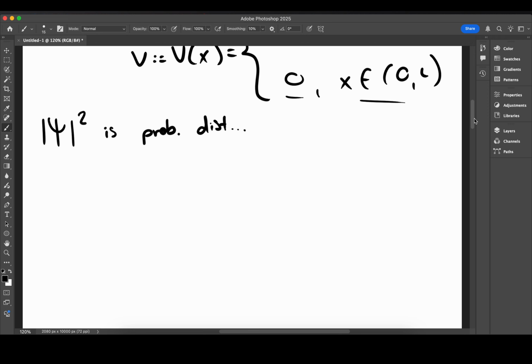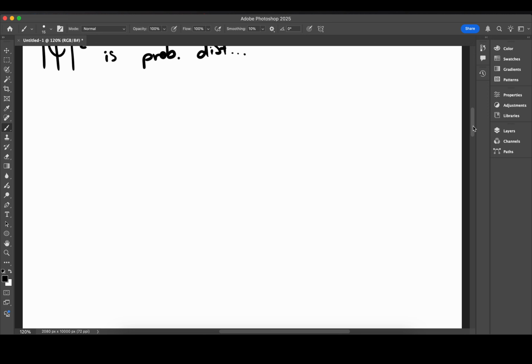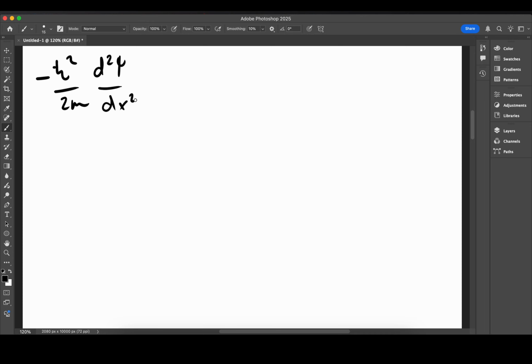So with this interpretation and consideration, we can write our Schrodinger equation as negative h bar squared over 2m, del squared psi del x squared. So this is 0 times psi.